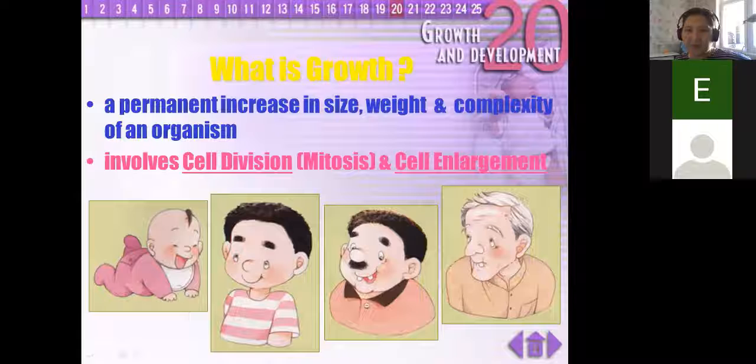As you see from these pictures, an organism is first born, then grows, reaches puberty, then reproduces, and gets elder. Then, of course, every organism will die.